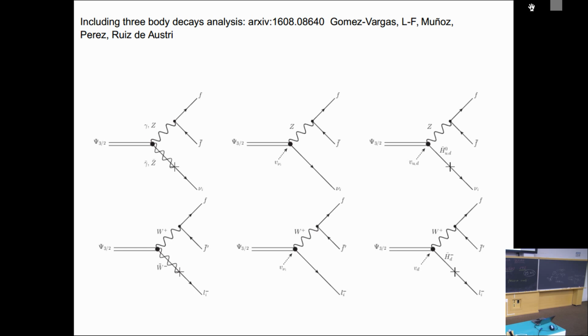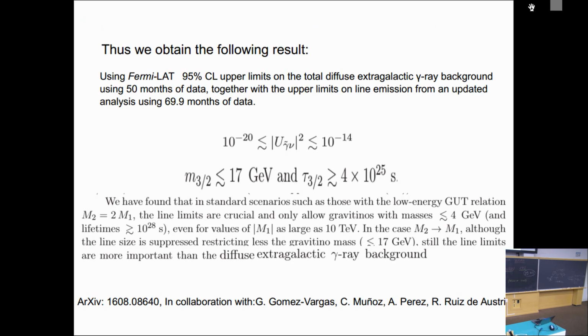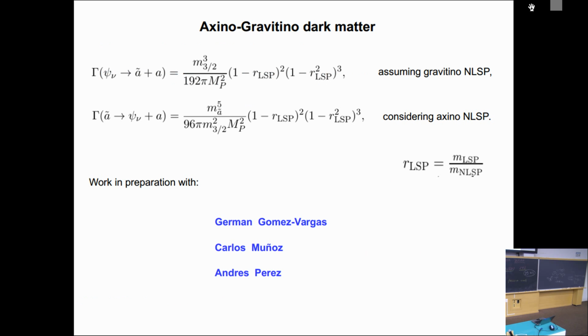Then we also analyzed the three-body decays in this model, and again put constraints on that. But now what I want to show is the idea of including the axino. In principle, you can include it or not, but if you include the axino in the game, why not include the axino and the gravitino at the same time?